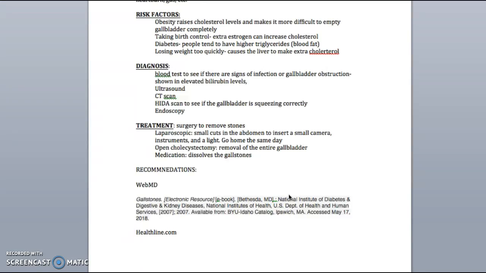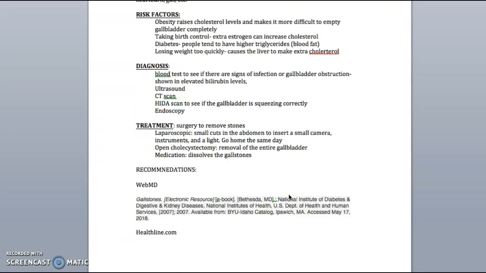It's very non-invasive. The other one is an open cholecystectomy, which is the removal of the entire gallbladder. There's another option: you can take medication, if the stones are not as severe and are pretty tiny, that dissolves the gallstones and gets rid of that extra cholesterol in the gallbladder.